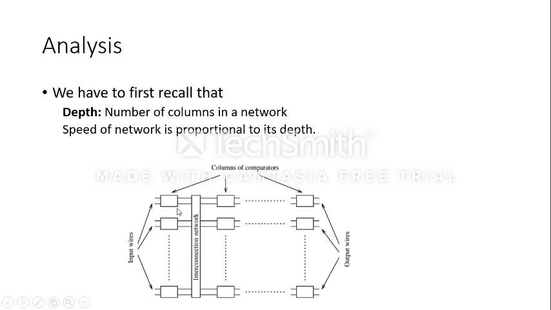The speed of the network is directly proportional to the number of columns, and the terminology for the number of columns is the depth. So the speed of the network is proportional to its depth.